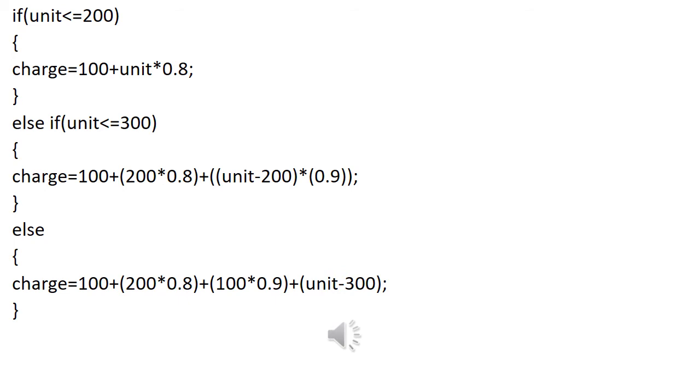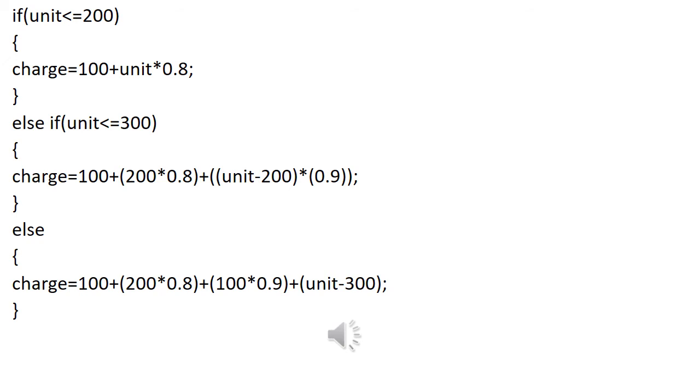So 200 into 0.8, because if you have consumed more than 200, only then are we computing this. So the first 200 units will be 200 into 0.8 plus, for the remaining from 200 to 300, whatever the number of units he has consumed, I will have to charge him at 90 paisa.